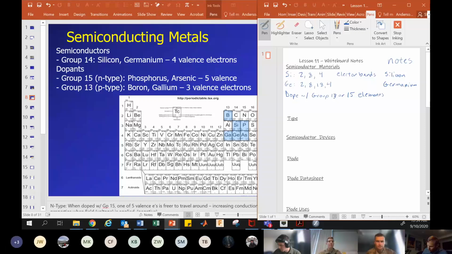Okay, and so we have boron or gallium as group 13, and we have phosphorus and arsenic as group 15. These are nasty chemicals.